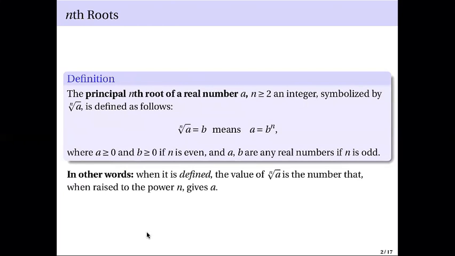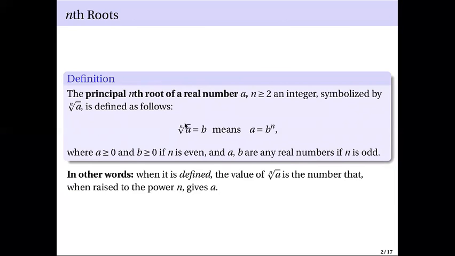In other words, when this is defined, the value of this nth root of a is the number that, when raised to the power n, gives a.